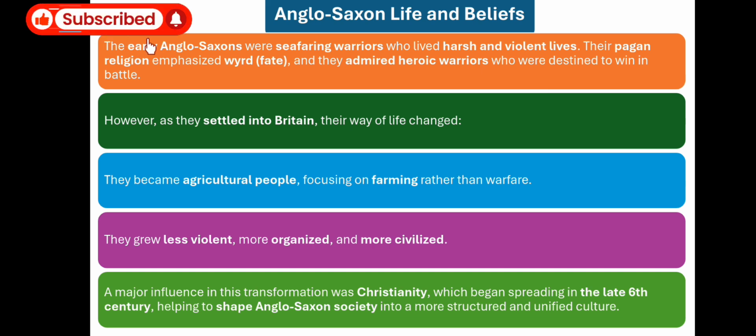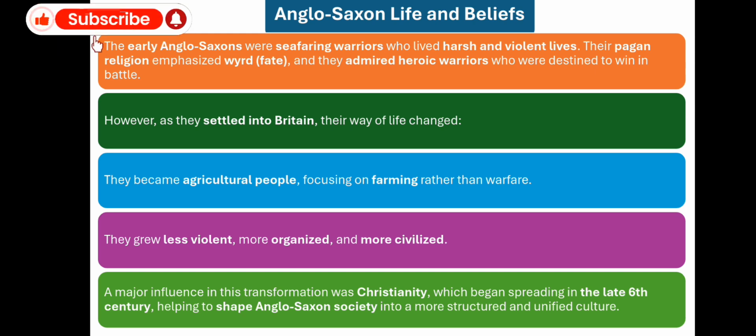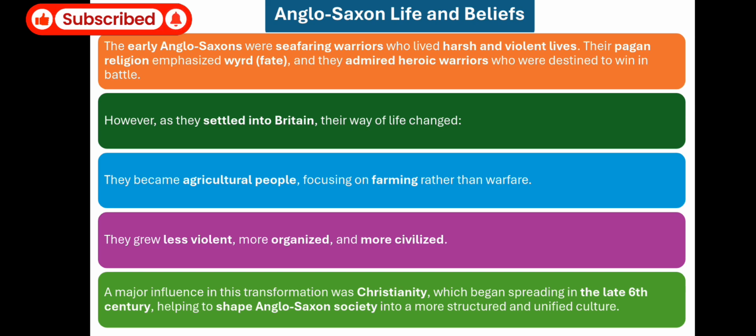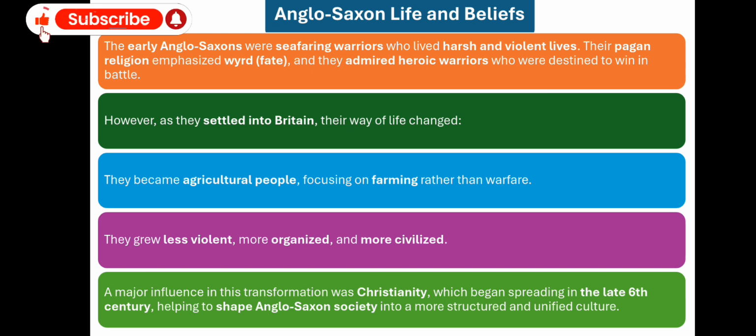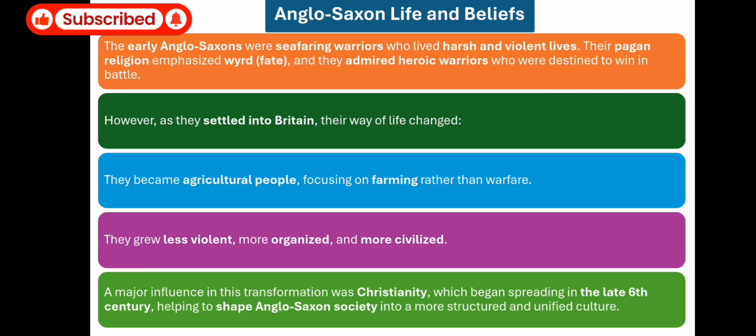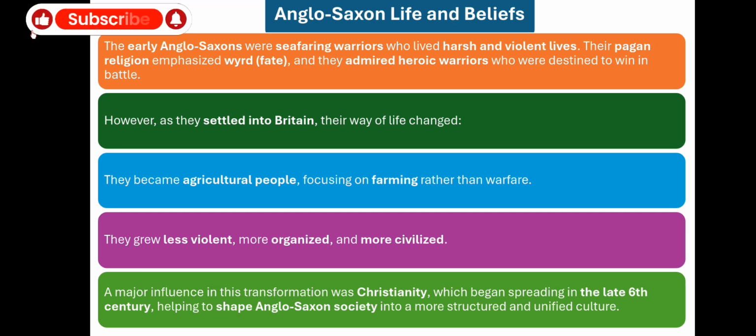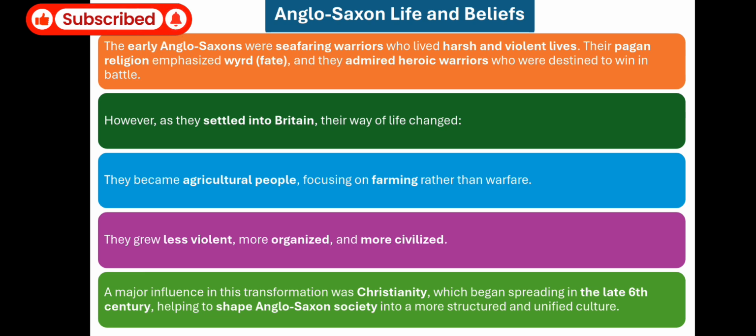Christianity began spreading in Britain in the late 6th century, after the invasion by the Anglo-Saxon tribes, helping to shape Anglo-Saxon society into a more structured and unified culture. The role of Christianity cannot be denied in making these Anglo-Saxons civilized, cultured people, and less violent. There is a great role of Christianity in the life of the Anglo-Saxon tribes.